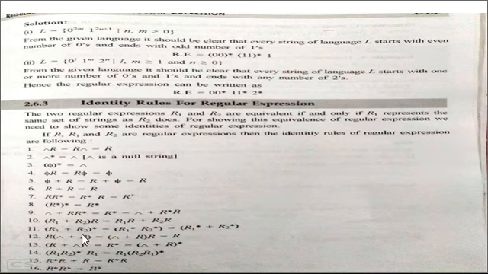We can write this identity separately as R1 closure into R2 closure, equal to R1 closure plus R2 closure.